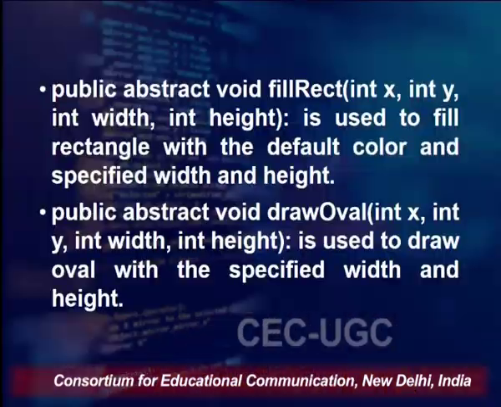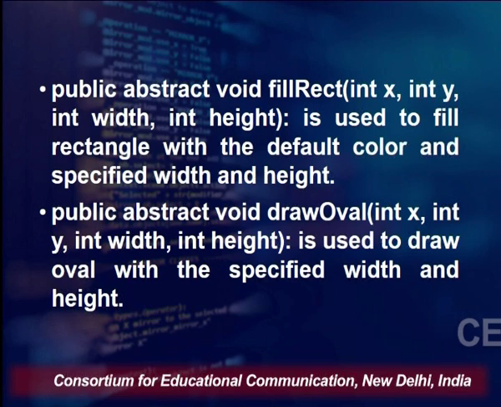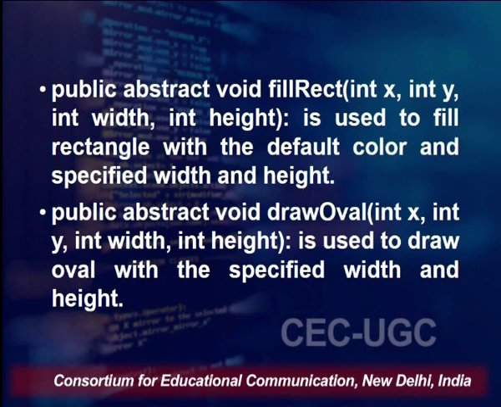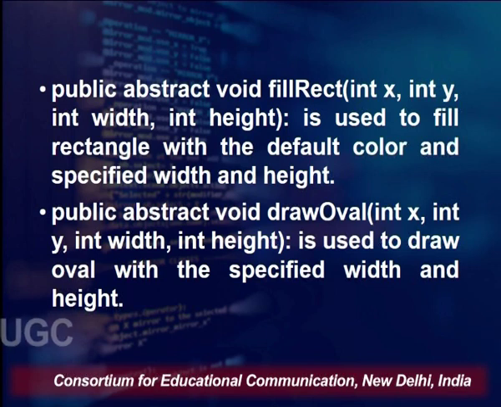Then there is drawOval. So, this drawOval is going to take integer x, integer y, again width and height, and this method is used to draw an oval with the specified width and height. So, this is similar to drawRect. Corresponding to drawRect, there is a drawOval.